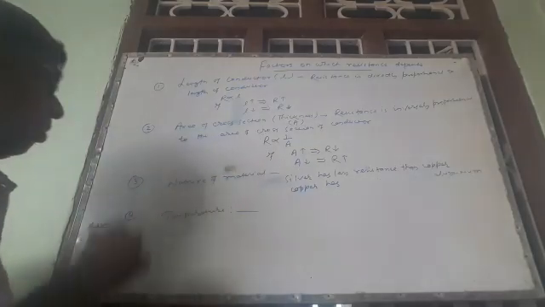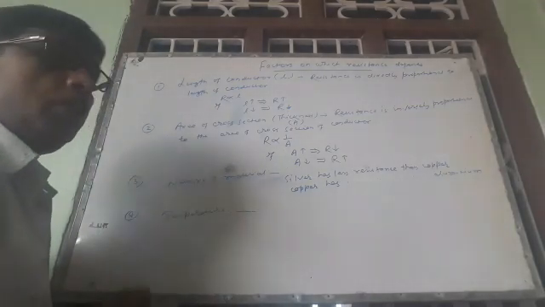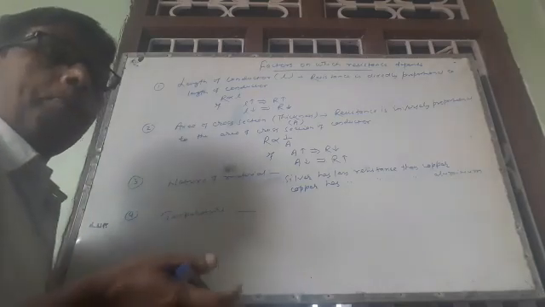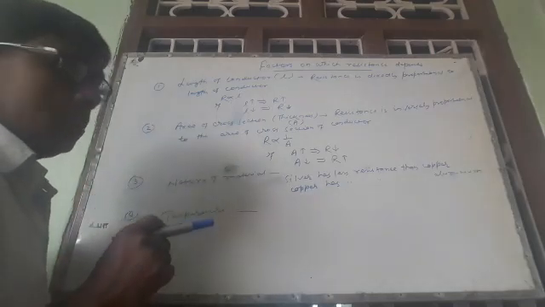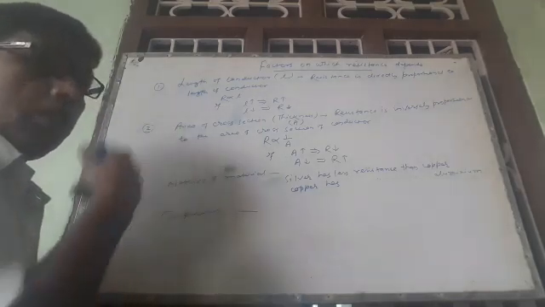Now fourth factor is temperature. This is valid only for pure metal. It is found practically that if the temperature is increased for pure metal, the resistance of that conductor or metal will also increase.